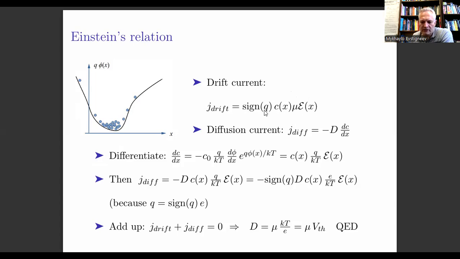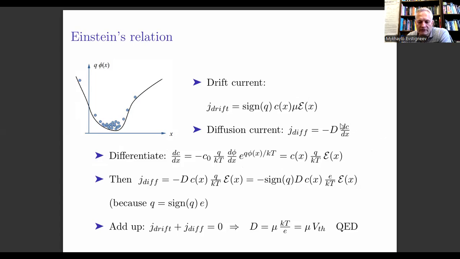If my particles are electrons, Q is negative, sign of Q is -1, and J drift, the drift current density, is negative concentration of electrons times mobility of the electrons times the electric field. So this is the drift current. As for the diffusion current, it is the negative diffusion coefficient of electrons or holes times the spatial derivative of the concentration of my charge carriers, dC by dx.